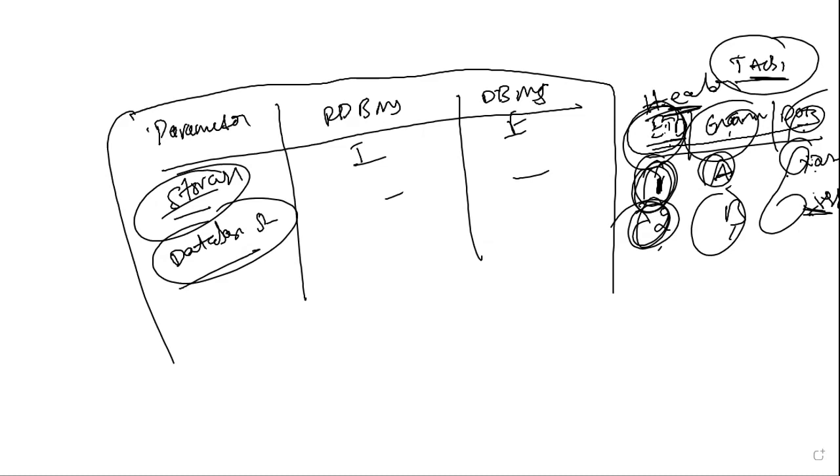Let me explain with a good example. We have a table 1, everybody can see the whiteboard, right?